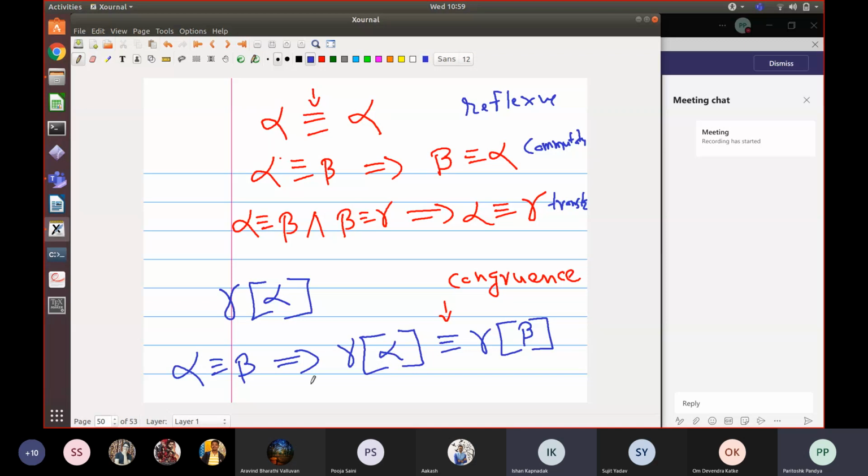Is it true that if, for some expression gamma which contains alpha as a sub-expression, we replace alpha by beta and we get the same expression, then that implies that alpha is equivalent to beta? Is the converse also true here? No, the converse need not be true.